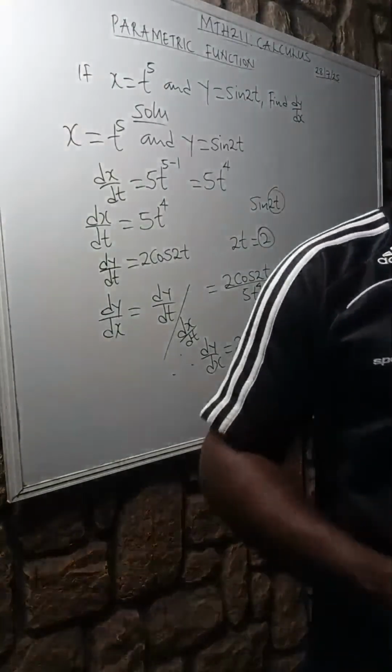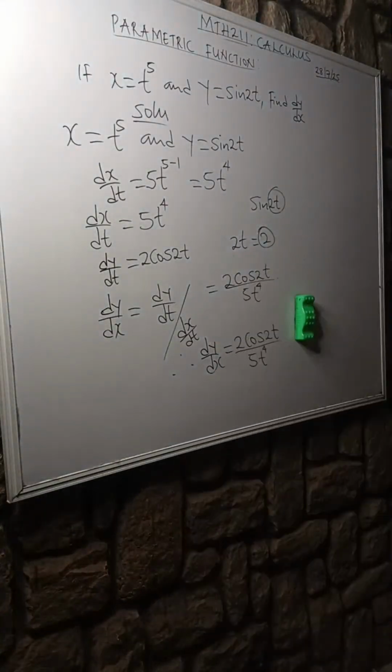Any question at this point before we proceed further to solve more examples? Do you have any question? Any question? Yes or no? No question? So you mean we can proceed, right?